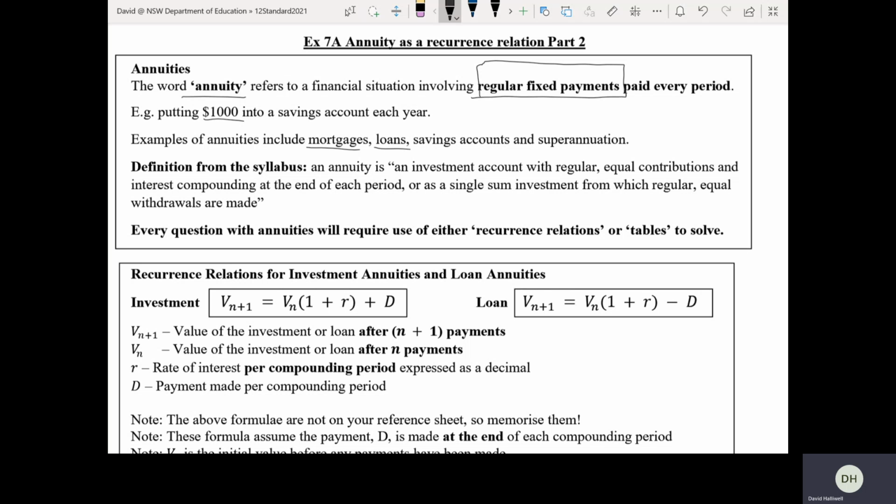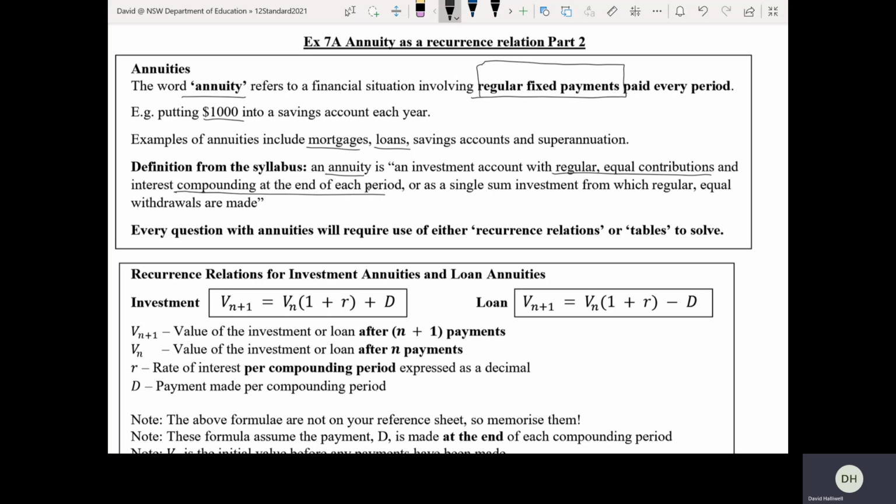The technical definition of an annuity, as defined in the syllabus, I've included here. So this is directly from the syllabus. An annuity is an investment account with regular equal contributions and interest compounding at the end of the period. So regular equal contributions, that's your regular fixed payment.